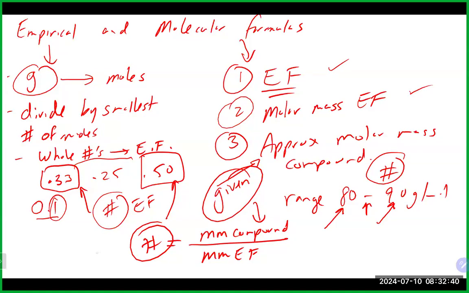As I also mentioned, here it's okay to do a little bit more rounding because a lot of times in problems the apparent molar mass is just an approximation, so it's not perfectly what it is. So there is a little bit more room to round. Again, the number there will most likely be a whole number integer of our empirical formula. Any questions on that there?